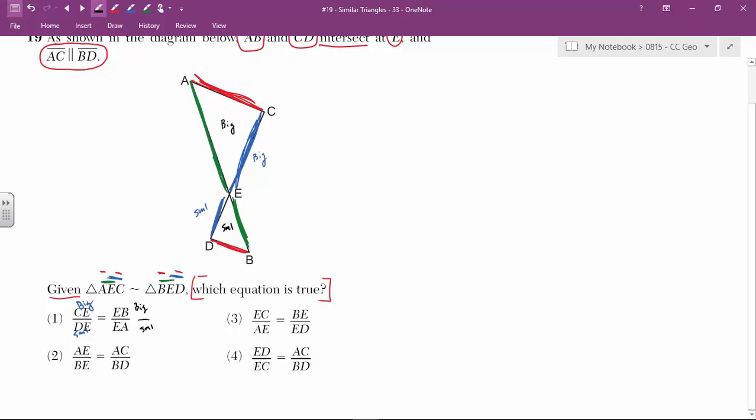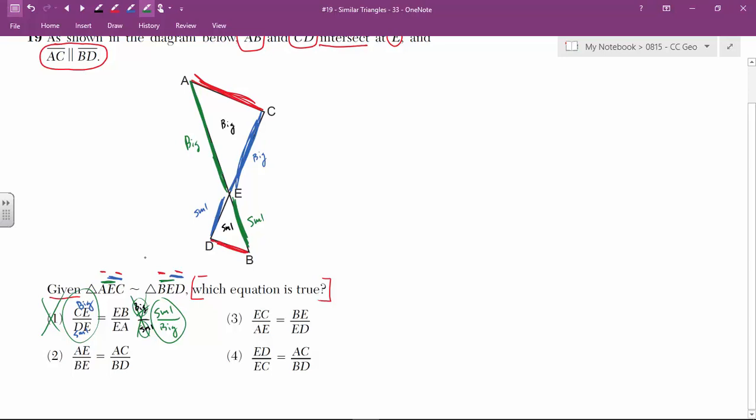Let's see if we get that. So EB is the green one. Oh, EB is the small, so we're not getting that. All right, and I bet you EA is the big. So this does not work because it's not an equivalent ratio. We needed big divided by small equal to big divided by small. We didn't get that.